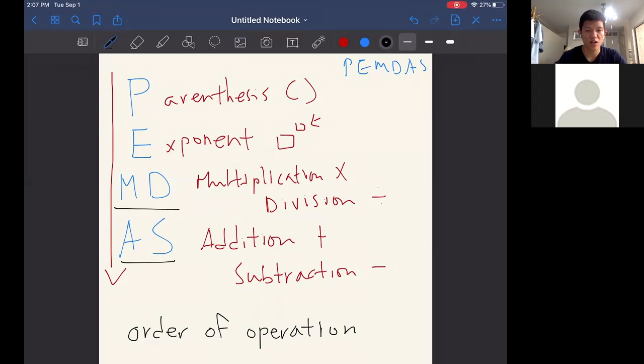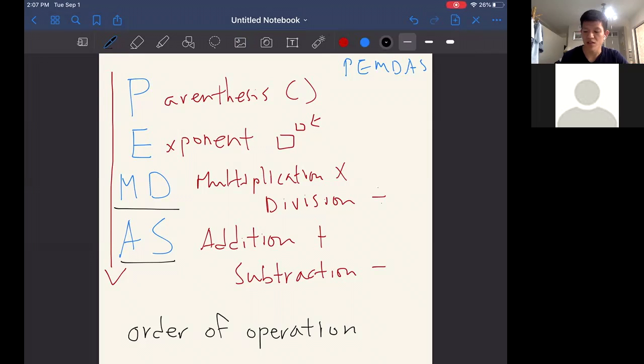So if multiplication comes before division, then you do that. If division comes before multiplication, then you do the division. Same thing for addition and subtraction. If addition comes before the subtraction, then you do the addition first. If subtraction comes before the addition, then you do subtraction first. Whereas parentheses and exponent, this is the order, okay?